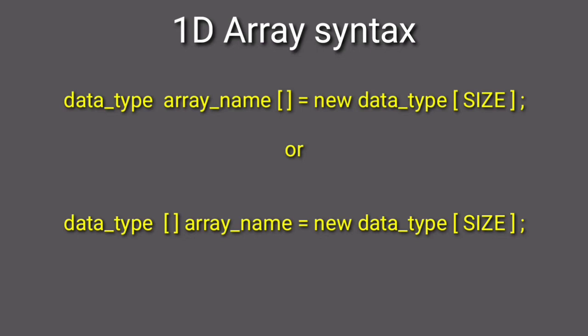After the array name, you specify a set of brackets, and after the brackets, the assignment operator. Then the new keyword, then again the data type, and again a set of brackets, within which you specify the size of the array. Suppose you want to create a 5-element array, then the size will be 5. The set of brackets you can specify after the array name or before the array name also.